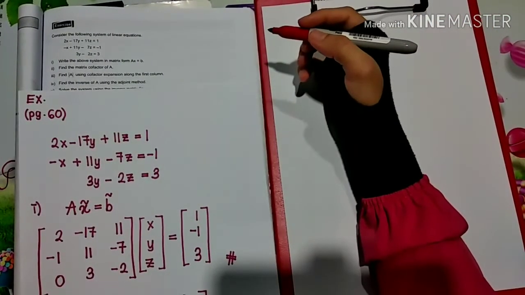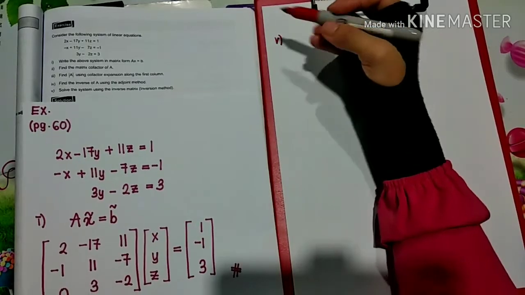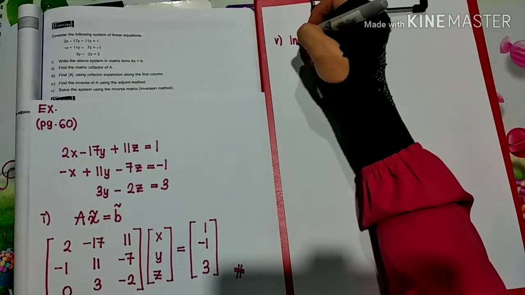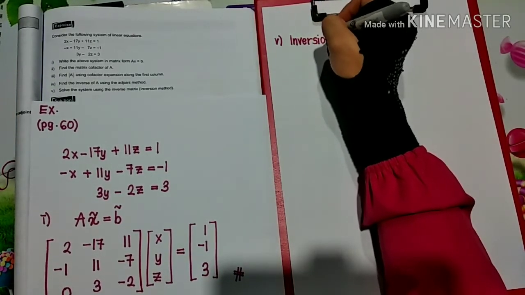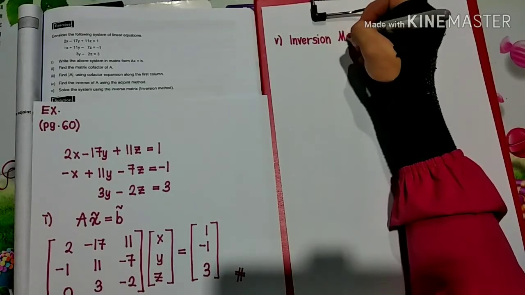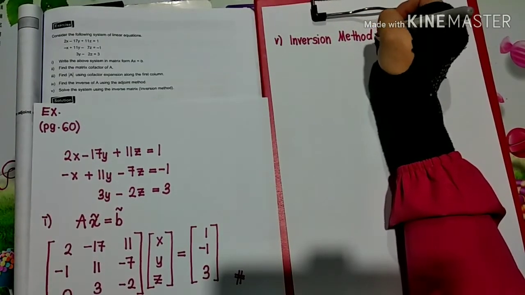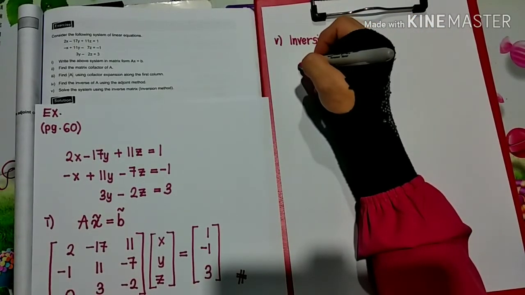Okay, last question, question number 5. You need to solve the system here using the inversion method. So you need to remember the formula for the inversion method, one of the formulas you use to solve a system of linear equations.